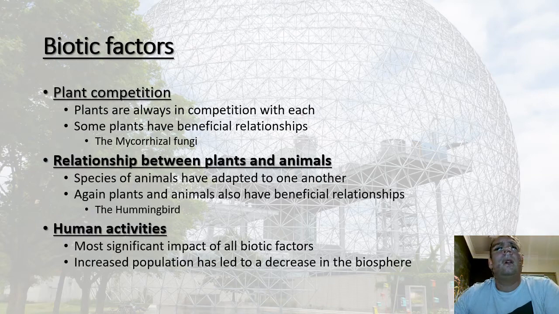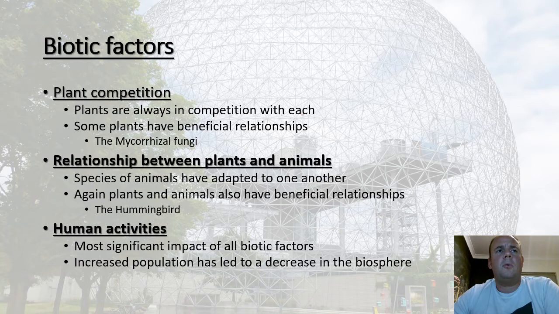And then we have biotic factors. Plant competition: plants are always in competition with each other. Some plants have beneficial relationships, like the mycorrhizae fungi, which feeds off another plant. We have parasite plants, lots of them in Australia, like vines, that feed off a tree and eventually kill the tree.